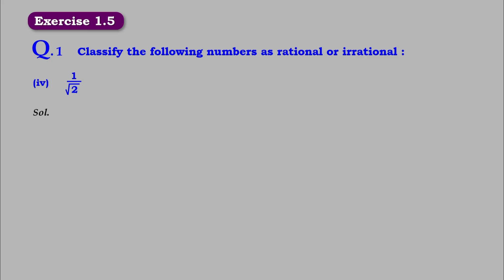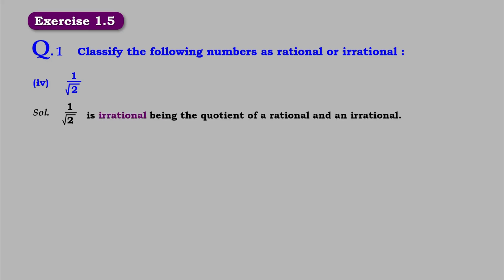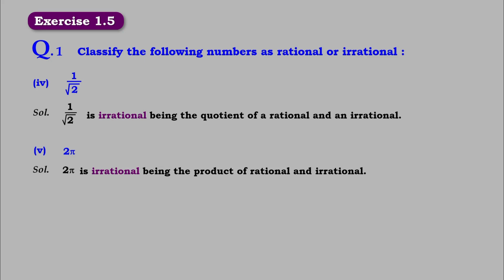Now 1 by root 2. So 1 by root 2 is irrational because it is the quotient of a rational and an irrational number. The numerator is rational, but the denominator is irrational. That's why it is an irrational number. 2 pi. 2 pi is irrational because 2 is rational, but pi is irrational.